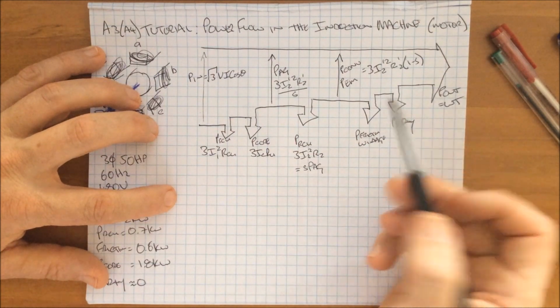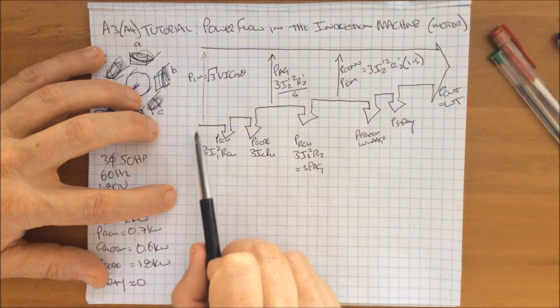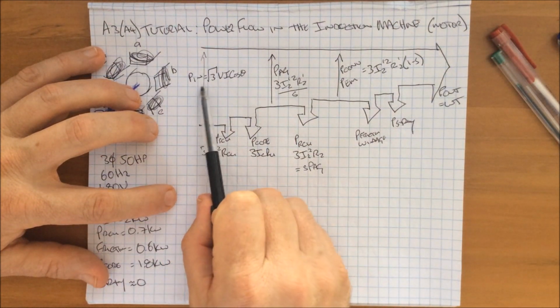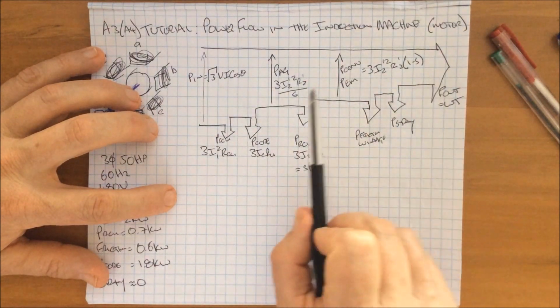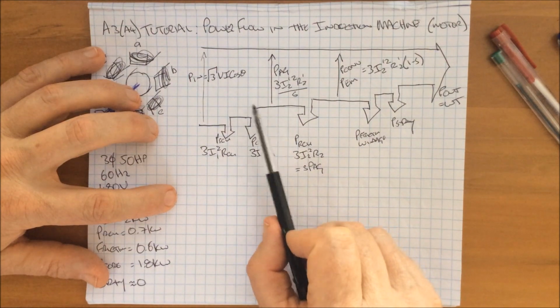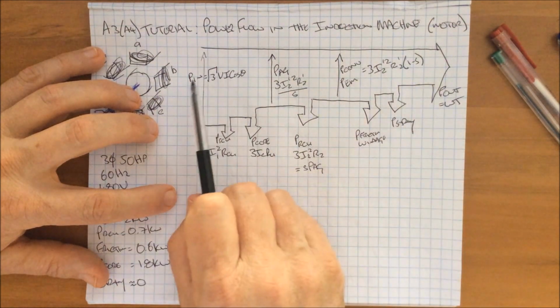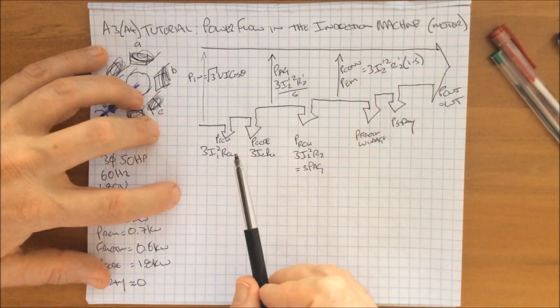So if we want to understand what the input power is, what the power is in the air gap and all this sort of stuff, and find out the efficiency of this machine, we need to go through and find out all these values.